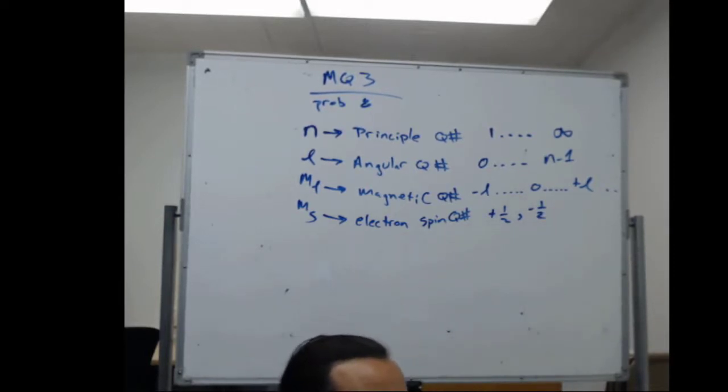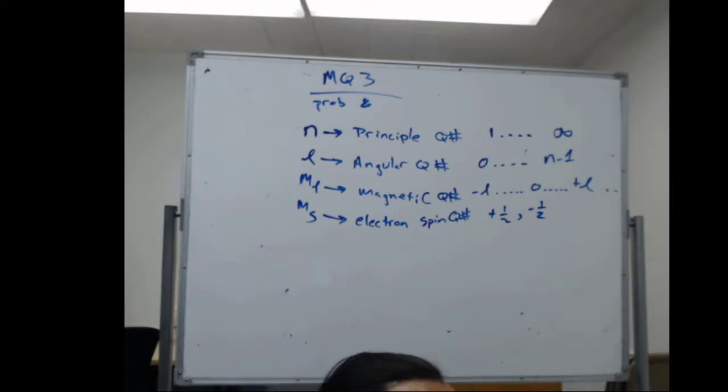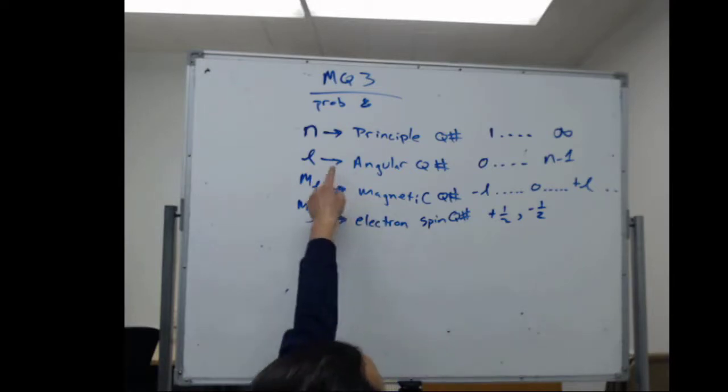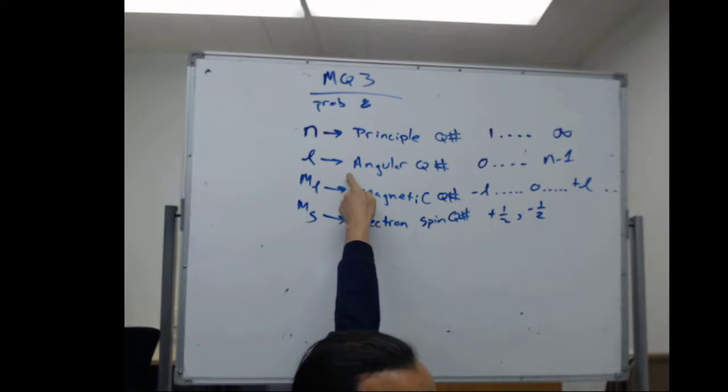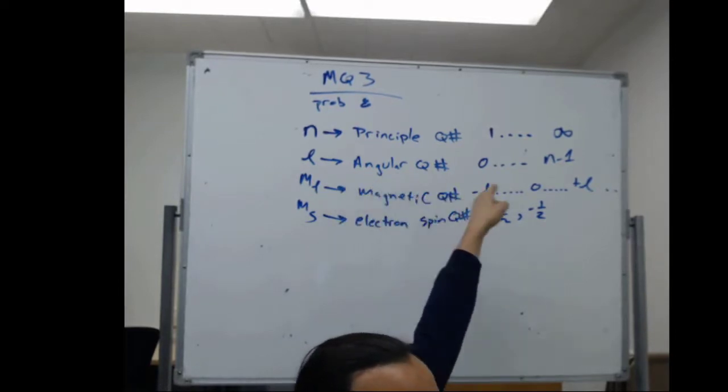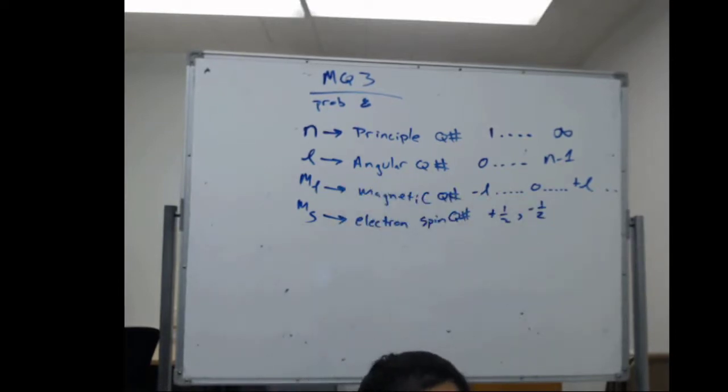So when we have question 8, it says, how many different magnetic quantum numbers are possible for an angular momentum quantum number of value 3? For me, I've got 3. You might have a different number. Select a letter corresponding to the correct number of possible magnetic quantum numbers.